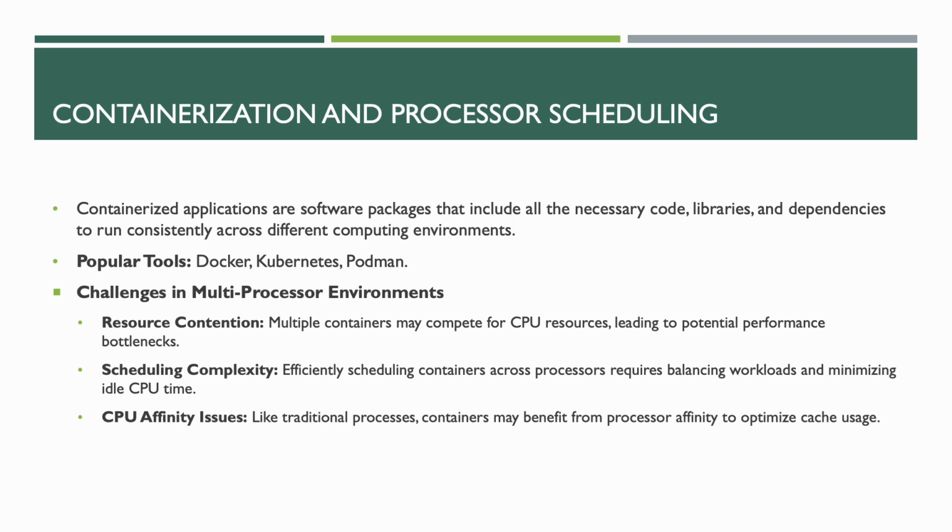Second is scheduling complexity. Balancing workloads across multiple processors is challenging when dealing with dynamic container scaling. The OS and container orchestrators must allocate CPU cycles efficiently to prevent idle CPU time.